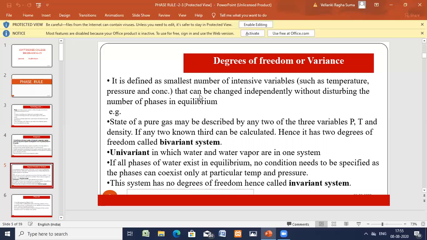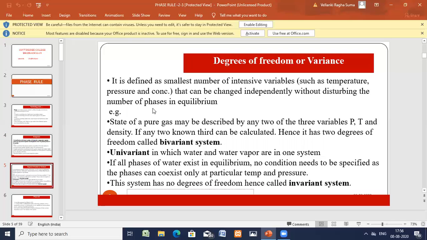These can change independently without disturbing the number of phases in equilibrium. So as you change the temperature, the pressure is not affected. They are changing independently, but still the number of phases are not getting disturbed from their equilibrium.